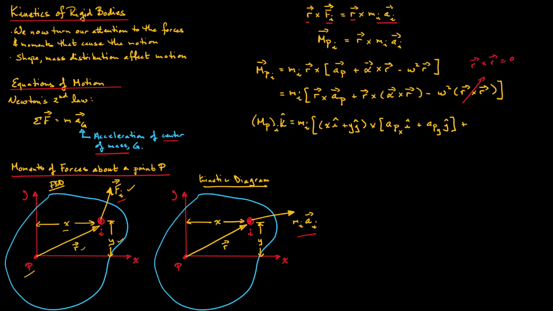And again, we have our position vector r expressed as xi plus yj, and we're going to take the cross product of that with alpha in the k direction crossed with xi plus yj.